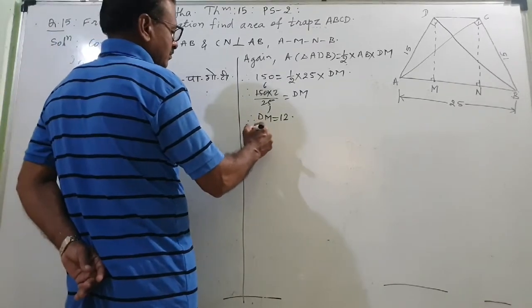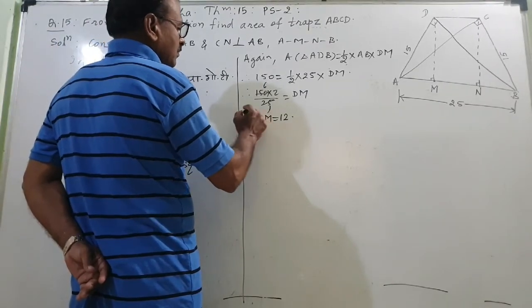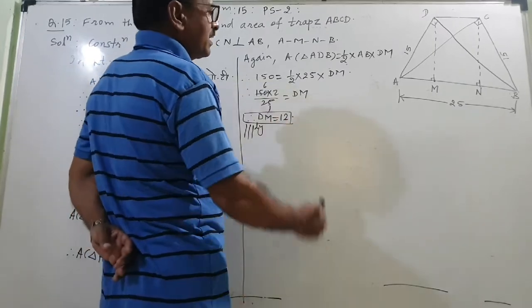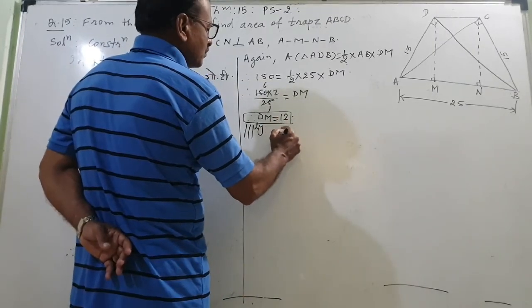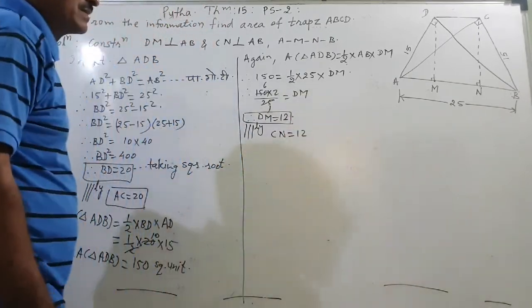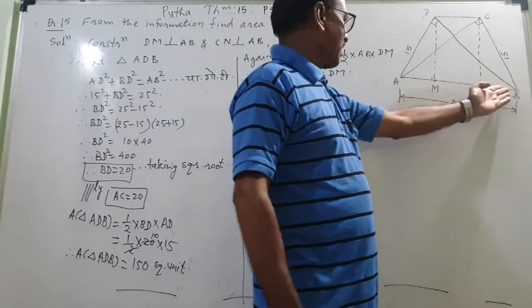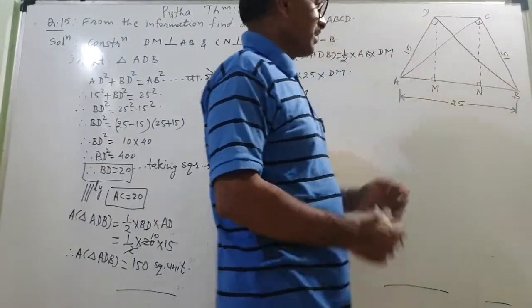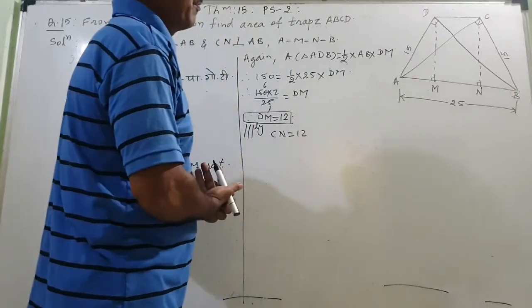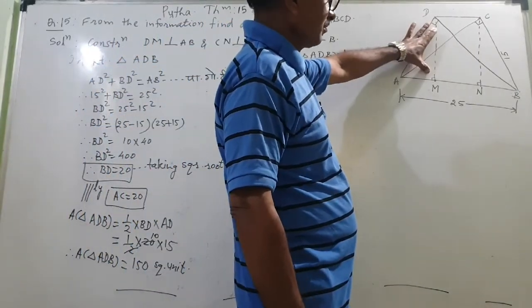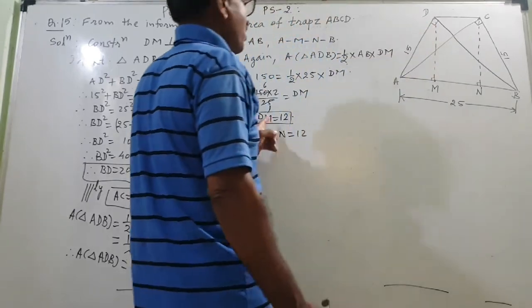Similarly, this is our DM. Similarly, CN equal to 12 because both are the same triangles. This triangle and this triangle, they are the same triangles. Okay. Now this is how much? 12.